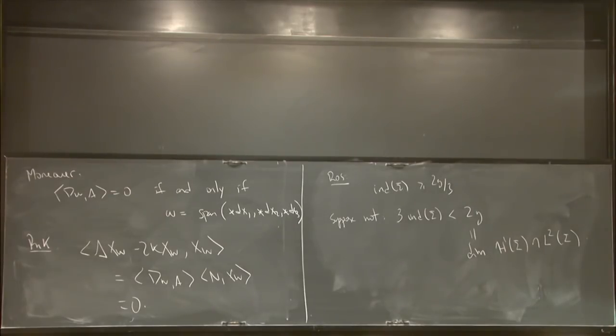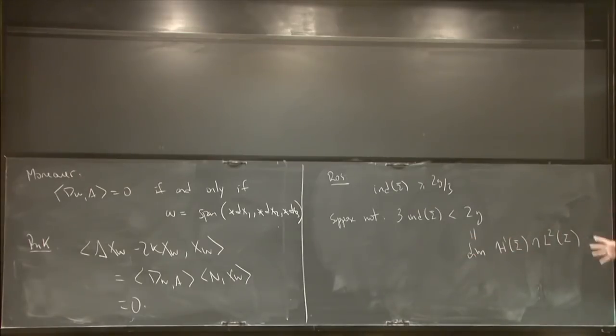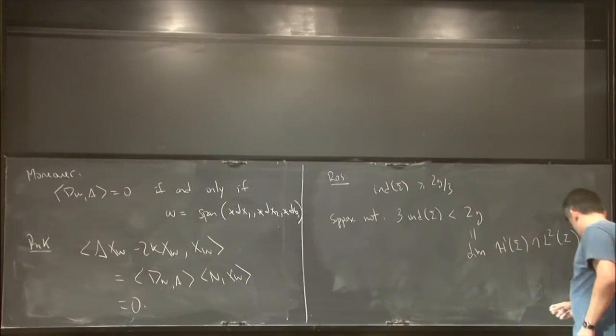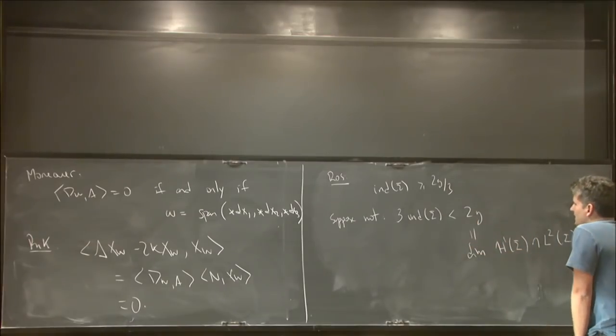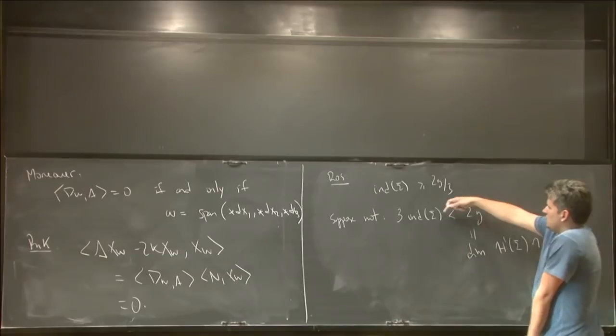Because if they are in L2, they have to go to 0 at the end, so it's like the ends were not there. So it's like you were in a closed surface, so the dimension is just 2g. Okay, so if that's the case, then I have a lot of harmonic forms compared to the index.